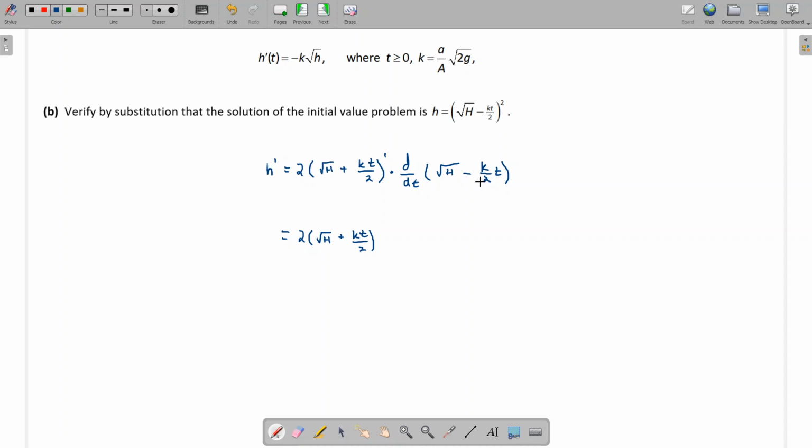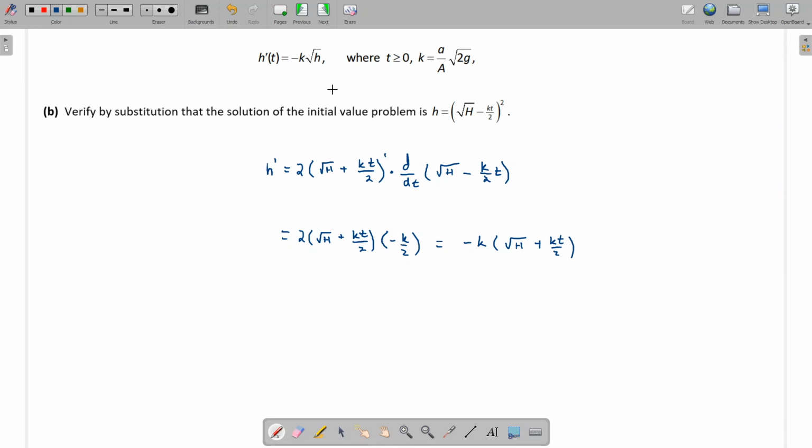Really, it's negative k over 2. So we're really taking the derivative of a linear function. So the t is just going to go away. We're just going to get negative k over 2. This could be brought to the front, and you can see these cancel. And so what we end up with is negative k times the square root of h plus kt over 2.